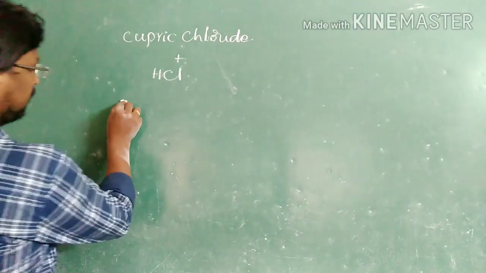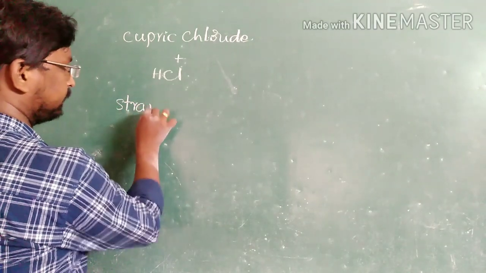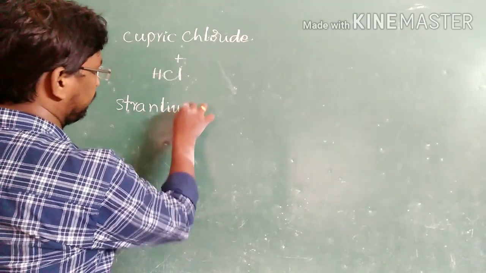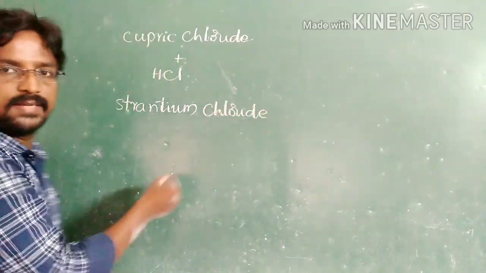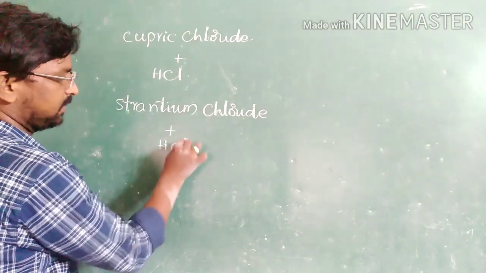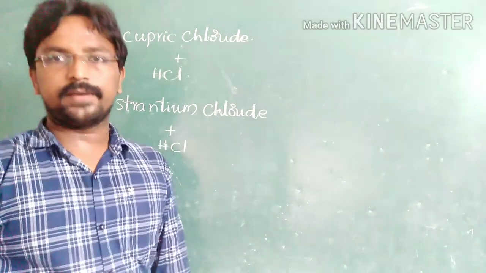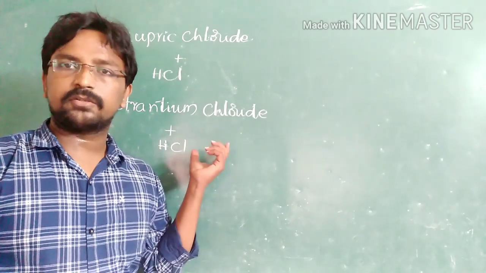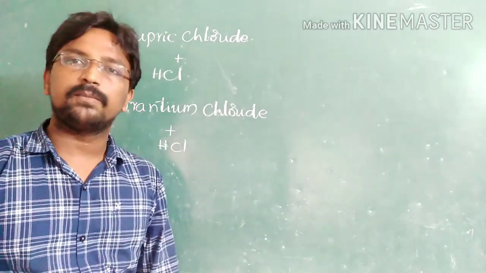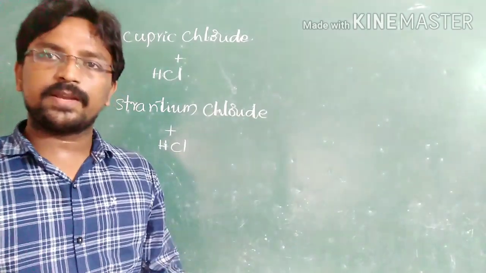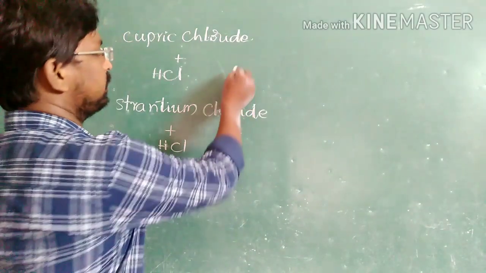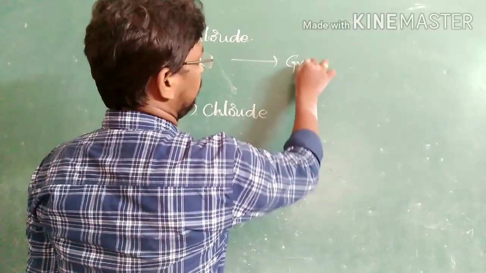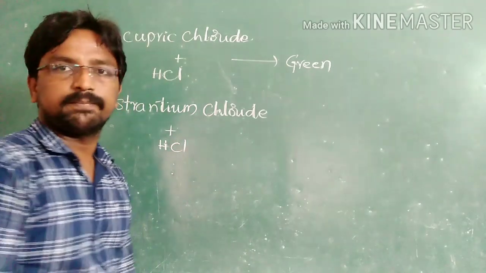At the same time, another example is strontium chloride. This has to be made into a paste with hydrochloric acid, and also introduced to the non-luminous flame. There you can observe the color changes. When you use cupric chloride, you get a green color flame.